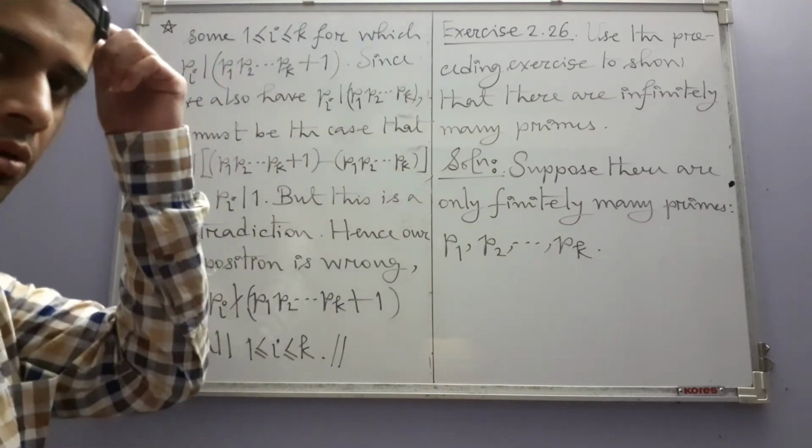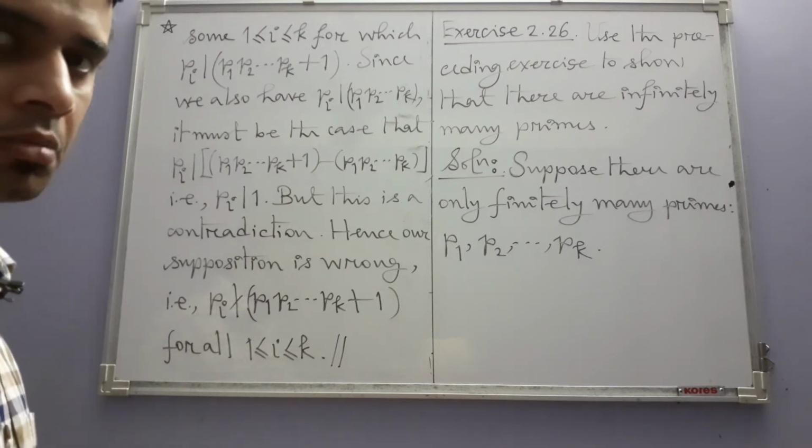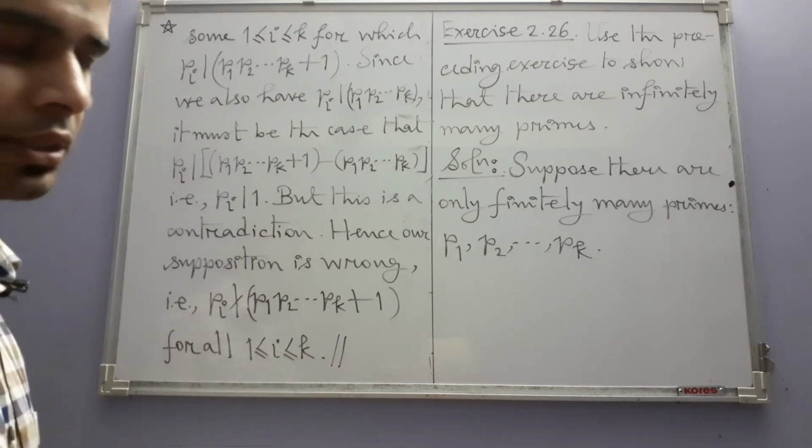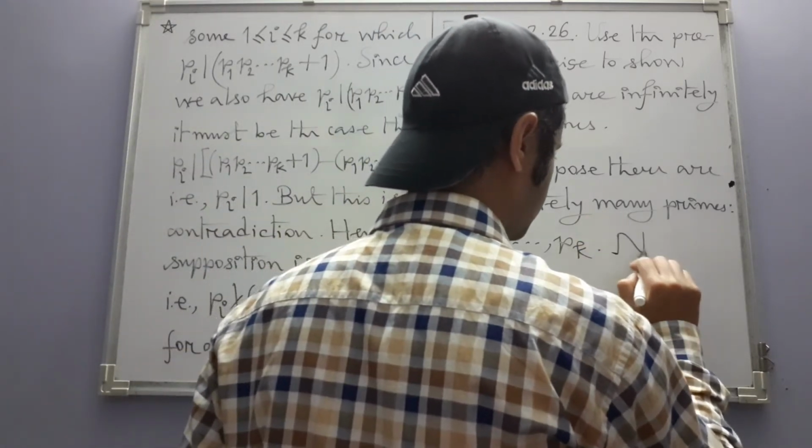Say these are the only available primes. We don't know how large k is, but it's a positive integer. That is our supposition.